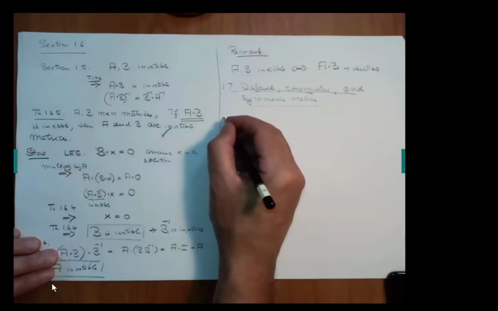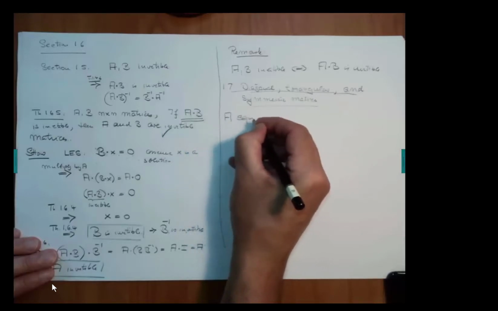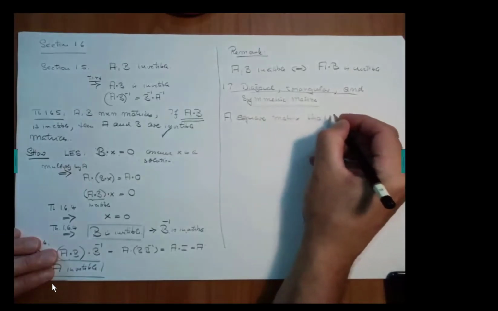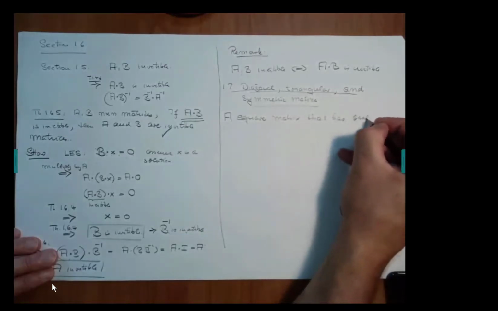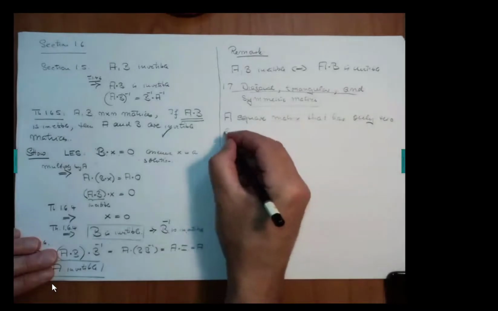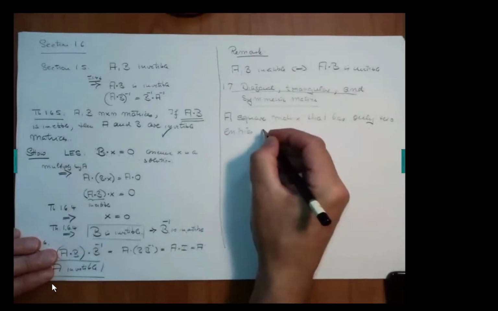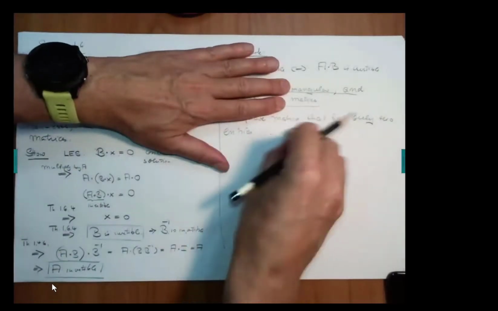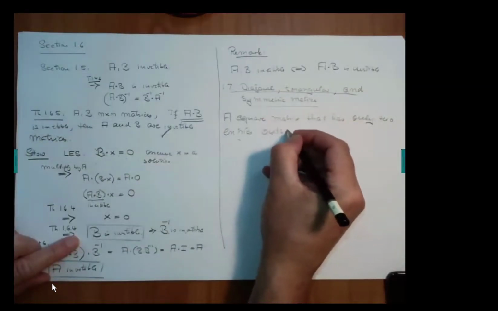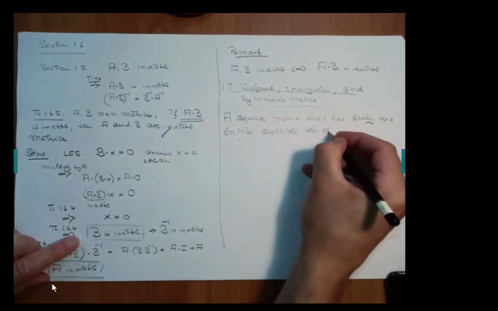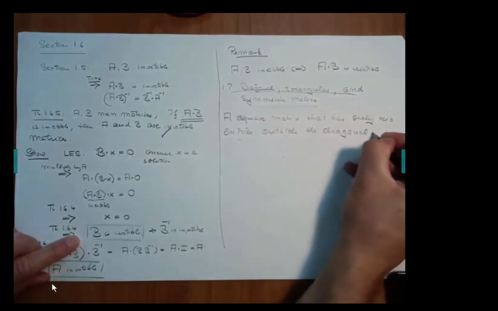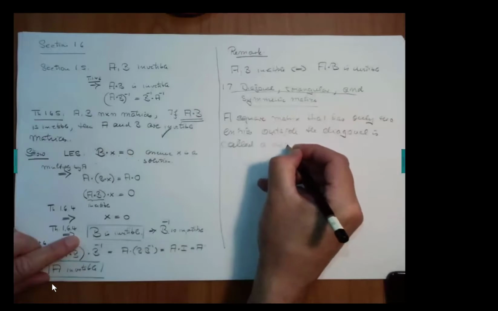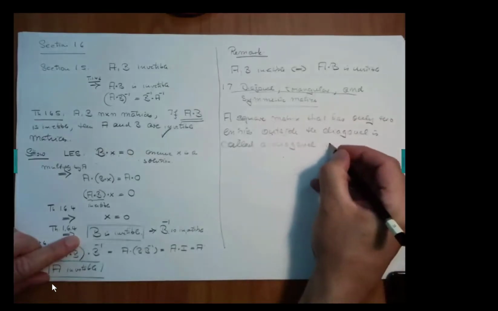So the definition for this: a square matrix that has only 0 entries, or better, outside the diagonal, is called a diagonal matrix.